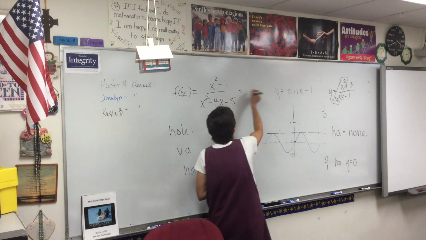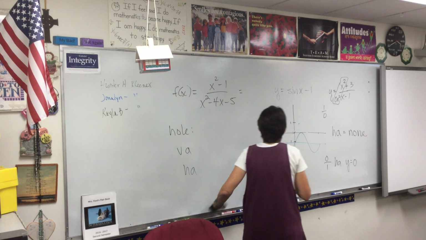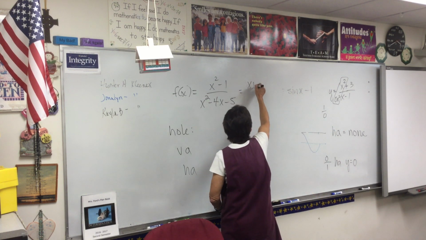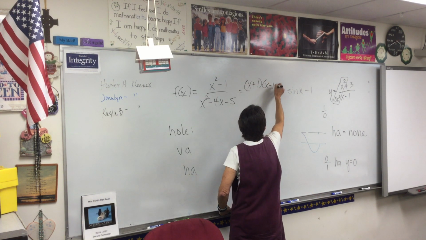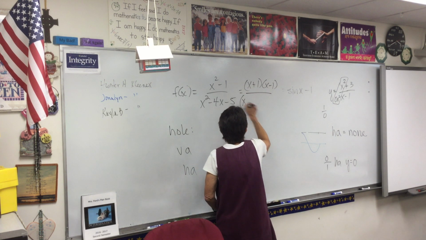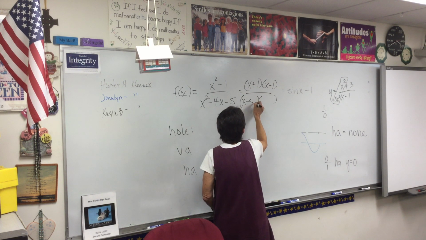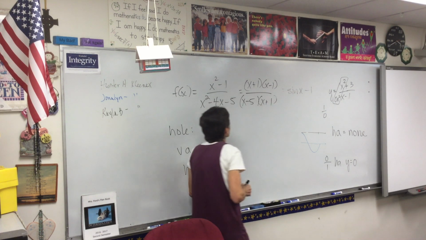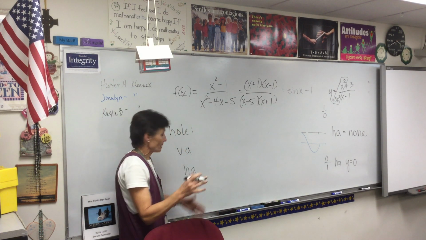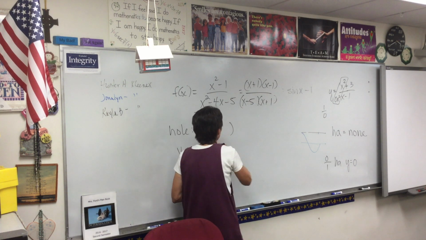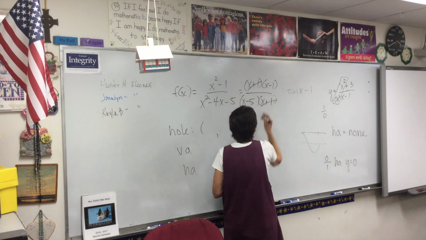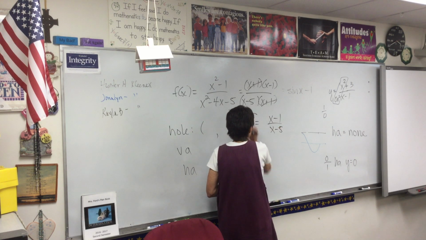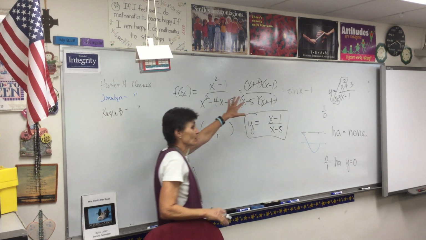So how does the top factor? x plus 1, x minus 1. And how does the bottom factor? x minus 5, x plus 1. Right? So now everybody recognizes we're going to have a hole. And that hole's going to happen where x equals what?